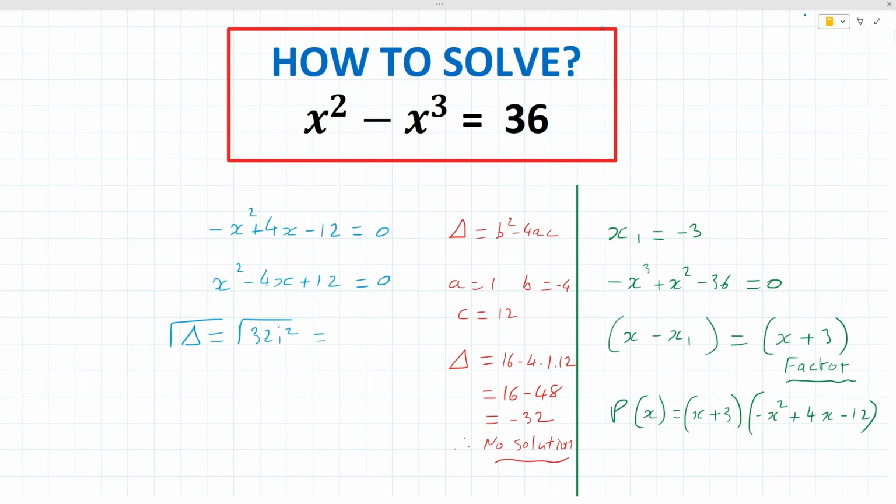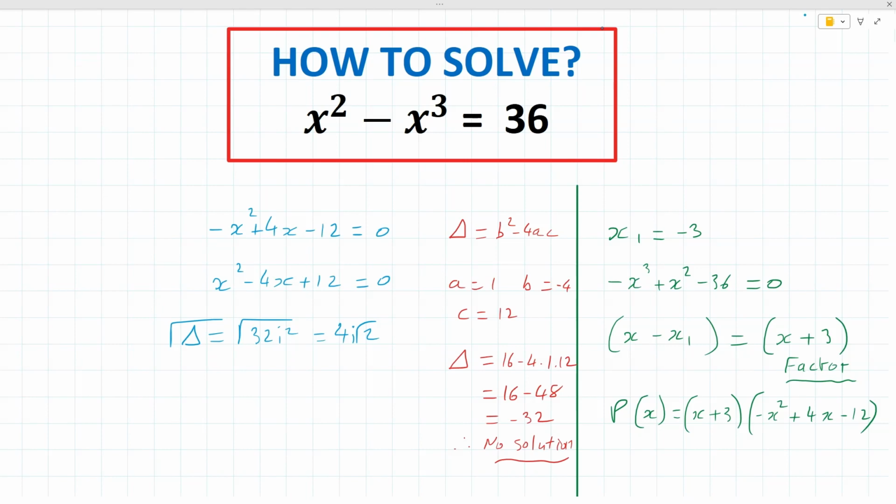So when you look at square root of 32, you have 16 and 2. So we can say that that's 4 root 2 for the square root part. And then we can say that we have i, so 4i root 2, as we do the square root of i squared. And that'll be good for the square root of negative 32 and give us two complex solutions.